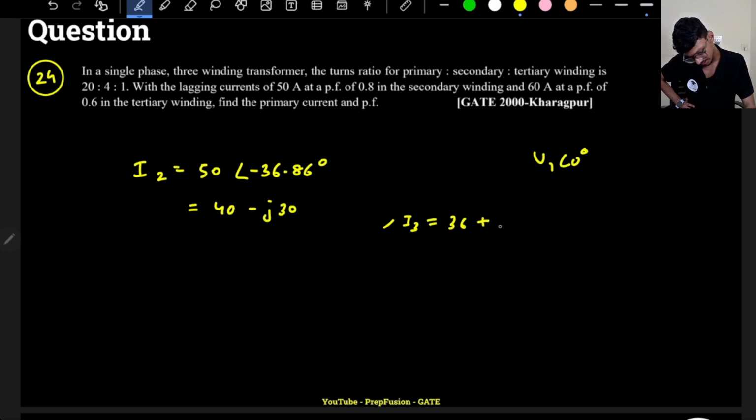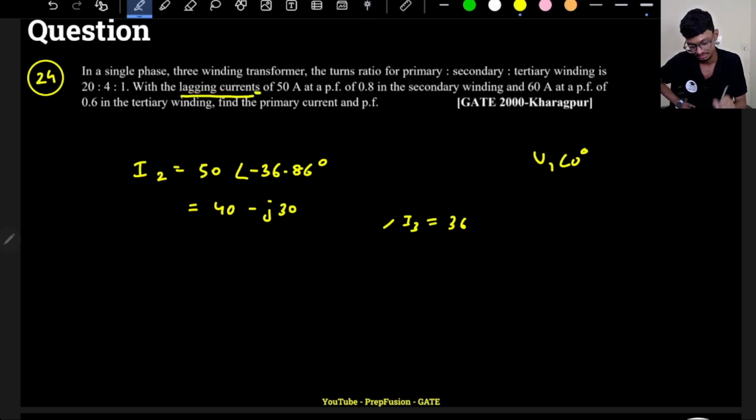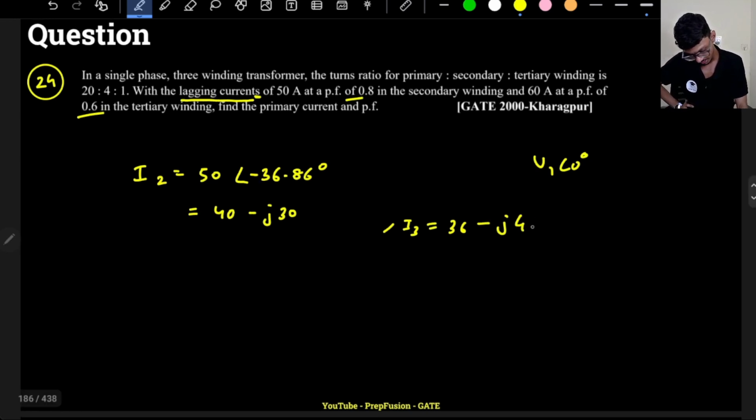They have said lagging currents, so both are lagging. So it will be minus J into 0.8 into 60. I hope you know the basics: if cos phi is 0.6, sin phi will be 0.8. So 0.8 into 60 will give me 48.